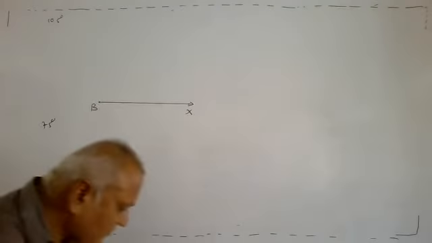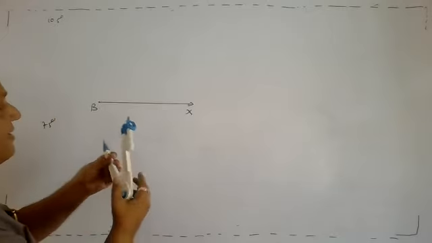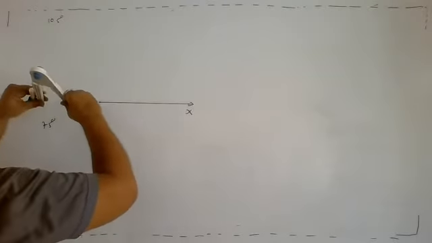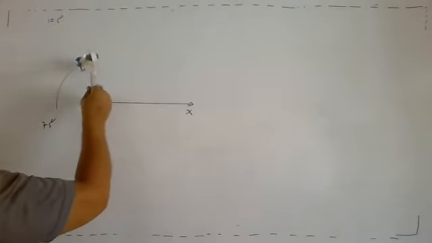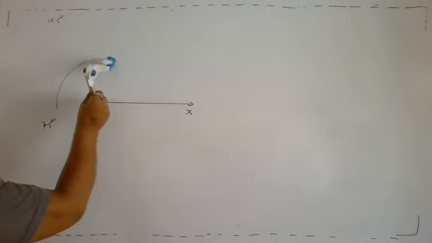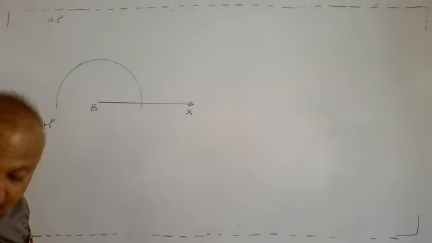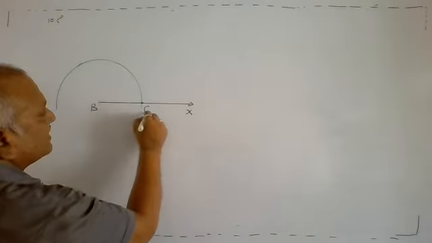Then from B we have to draw a semicircle arc by taking random measurement. These arcs will intersect ray BX at C.